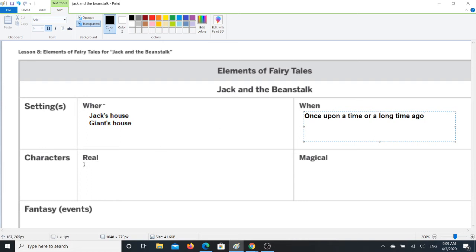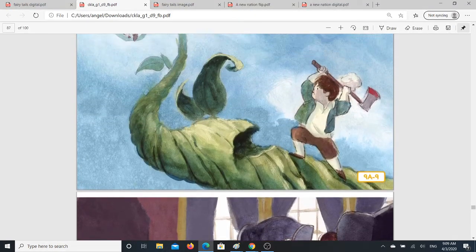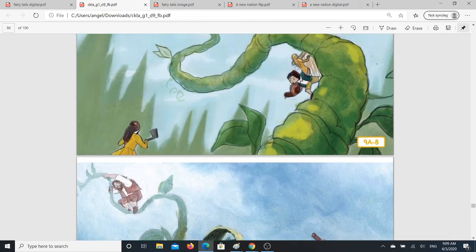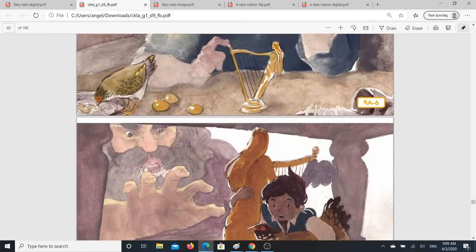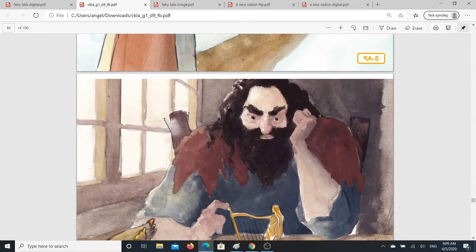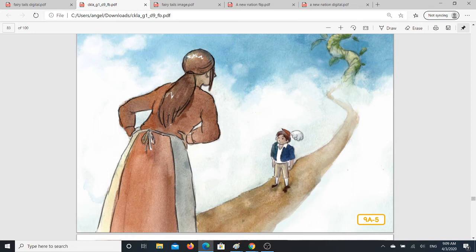Now for the characters. Let's see. I'm going to take a quick look at the characters in this story. I see Jack and his mom. And then there's the giant and his wife.